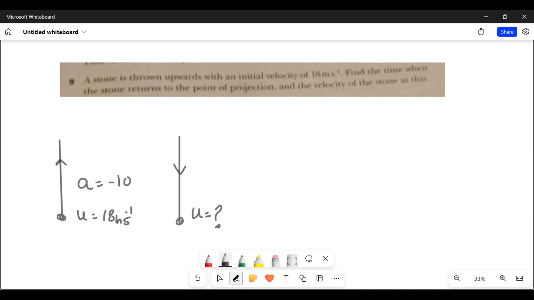And at its maximum height, the final speed is going to be 0. And then downwards, this will become the initial speed, and we'll call it u equals to 0. In the downward motion, we know acceleration is plus 10 meters per second squared.